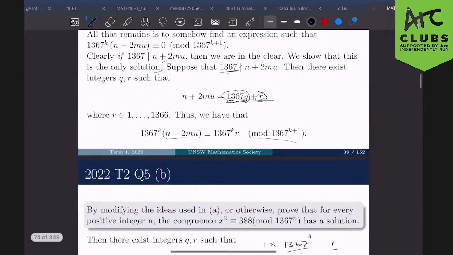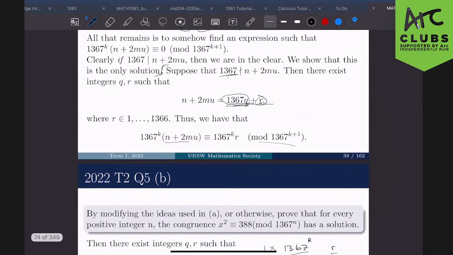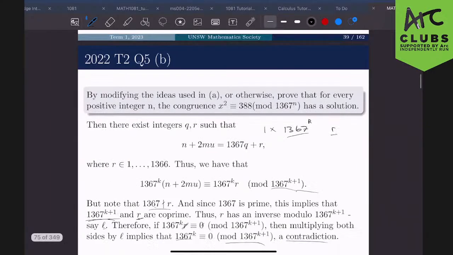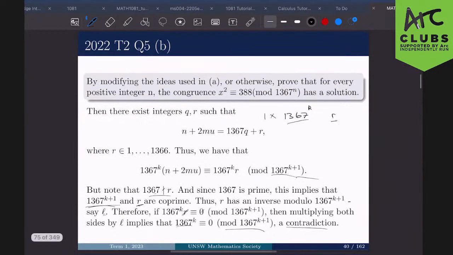Starting from here is where we started our contradiction, where we stated that 1367 does not divide n plus mu. Following this, saying that it doesn't divide means that we have this r, and because 1367 is prime, r and 1367 to the power of k plus 1 will be co-prime.